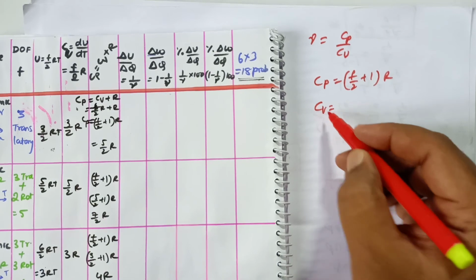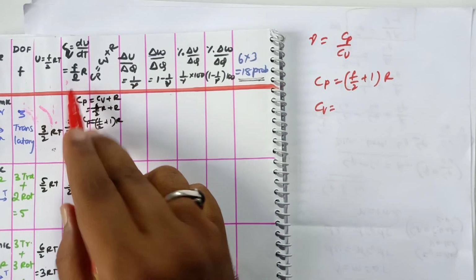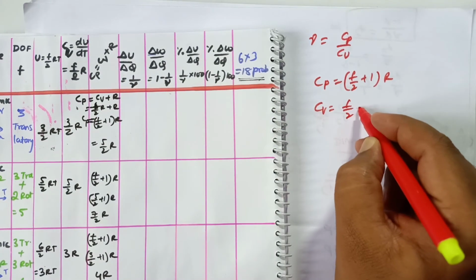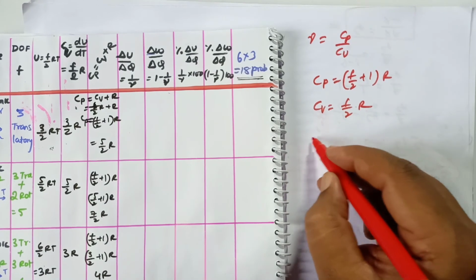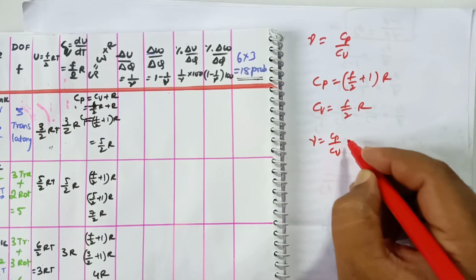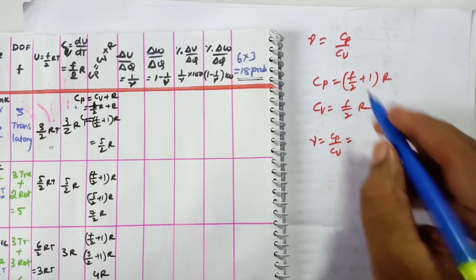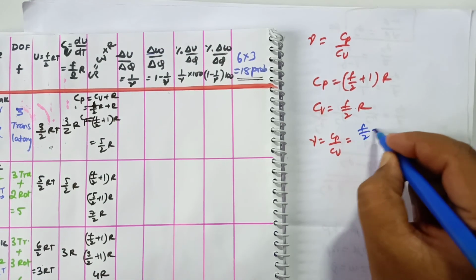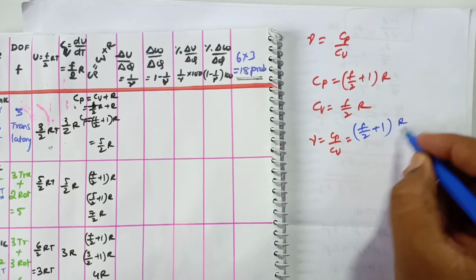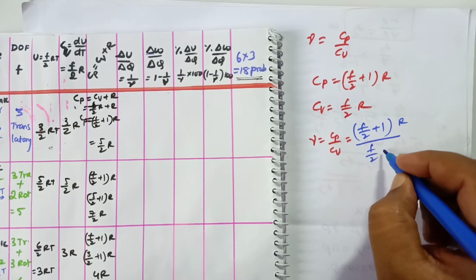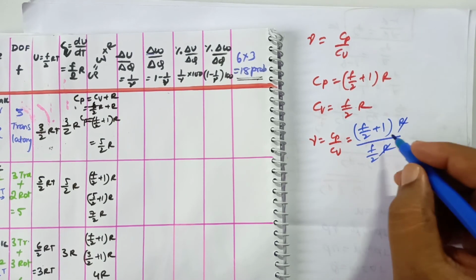Next, you know the value of Cv also. Cv is nothing but F by 2 into R. Then gamma is equal to Cp by Cv. So you just write here F by 2 plus 1 into R divided by F by 2 into R. So R R gets cancelled here.